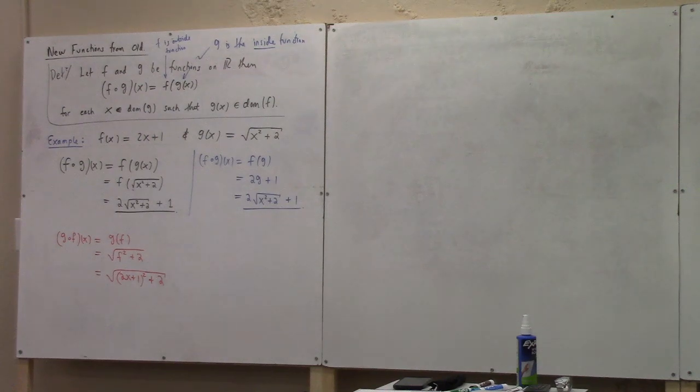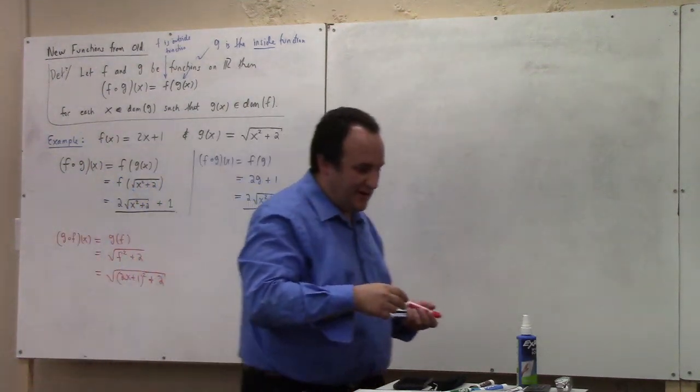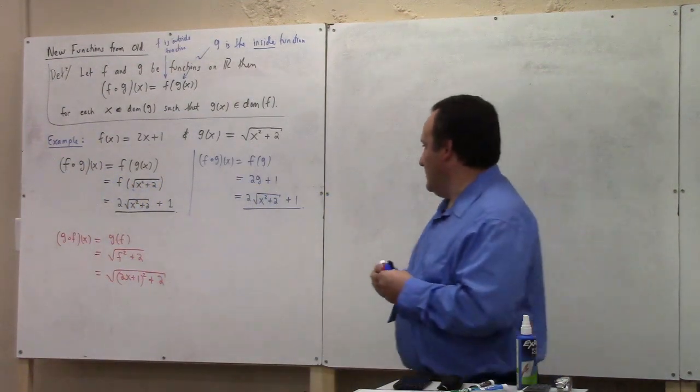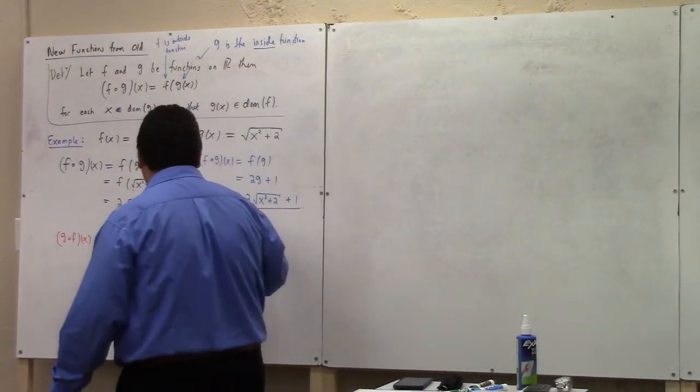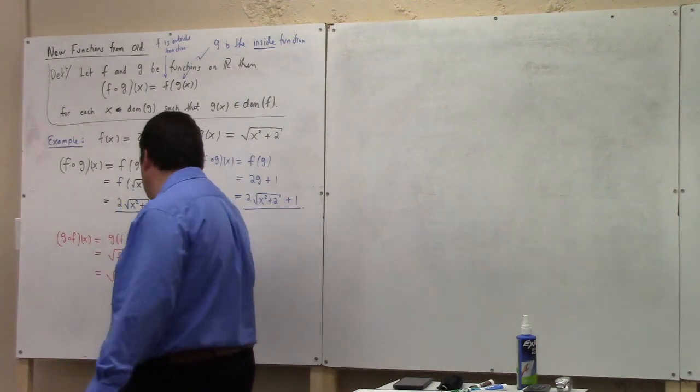Are these equal? Look at this. Is g composed with f equal to f composed with g? No, they're not, right? Look at this formula. Look at that formula. Are these equal?